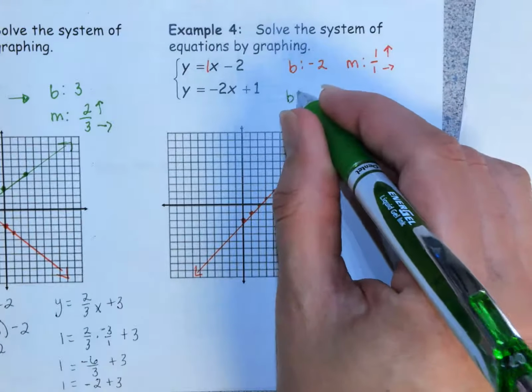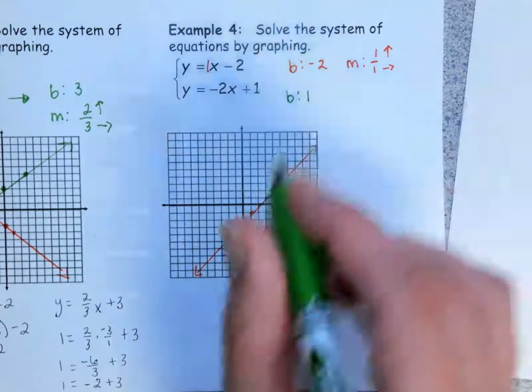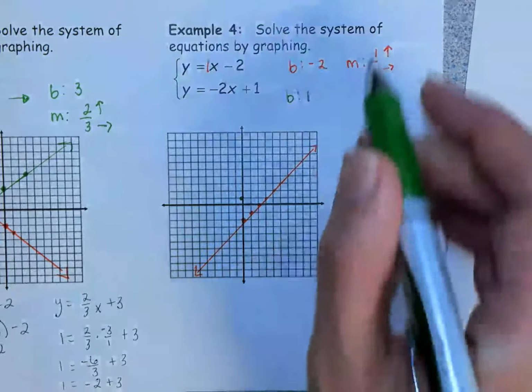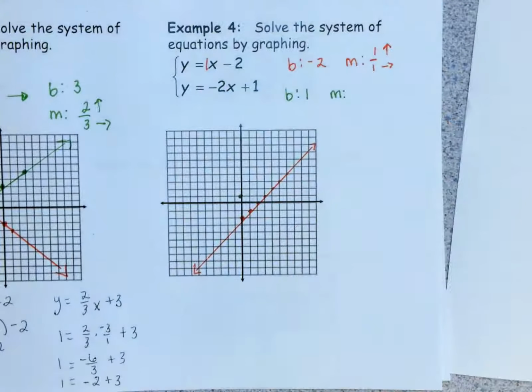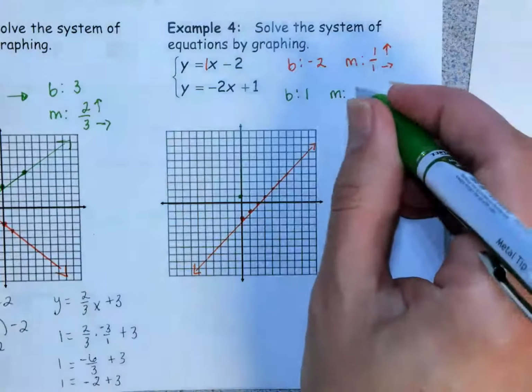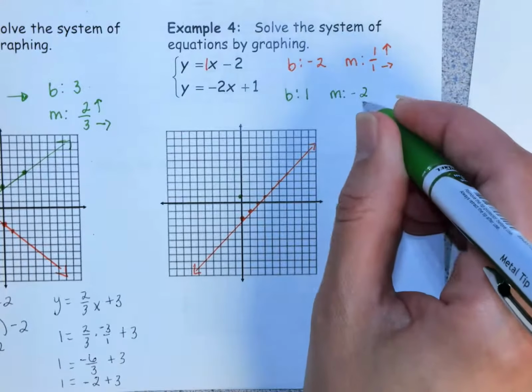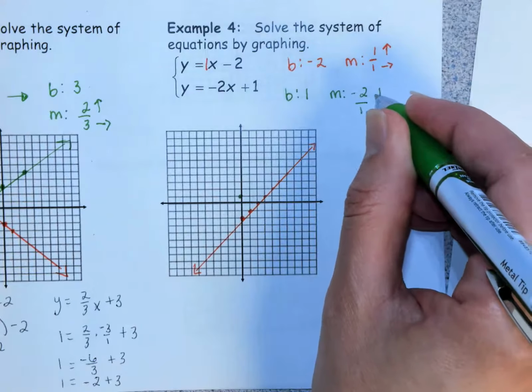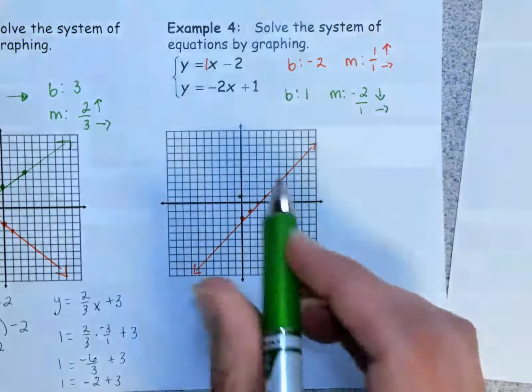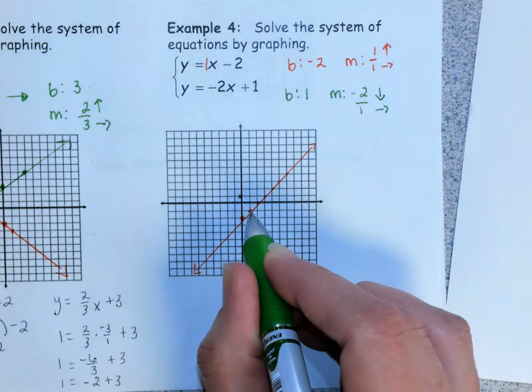Always start with the y-intercept, which is 1. Y-intercept is 1 right here. Slope is negative 2. If it's a whole number, you always put 1 under it. Since it's negative, we're going to go down 2 to the right 1. So down 2 to the right 1.